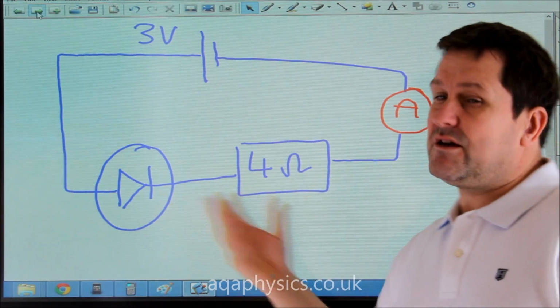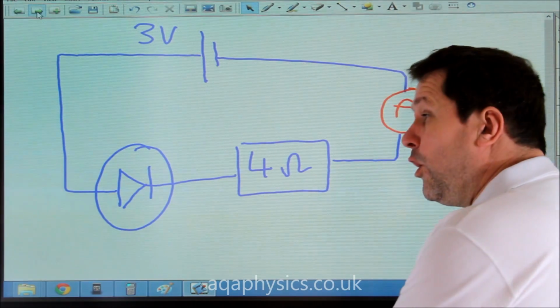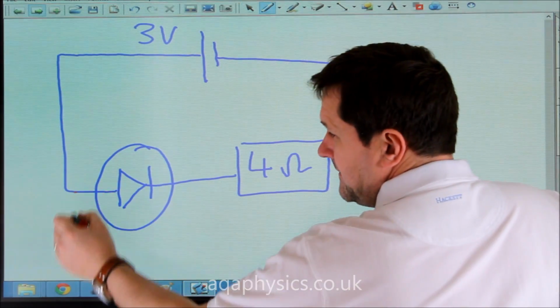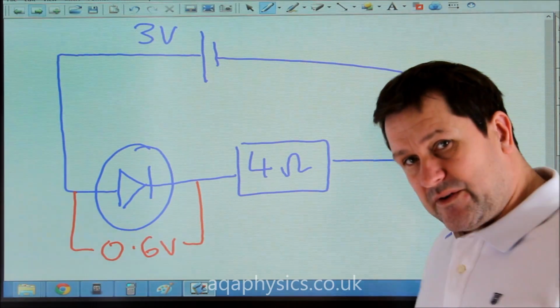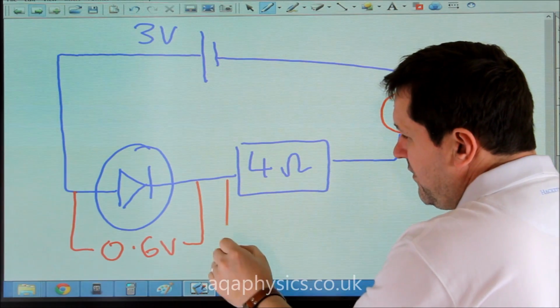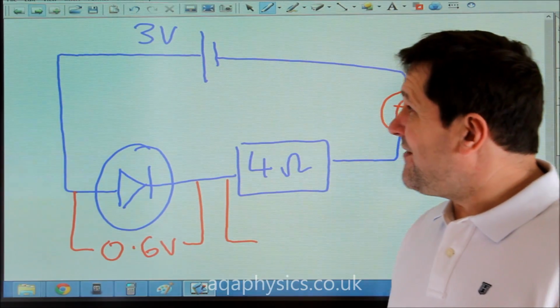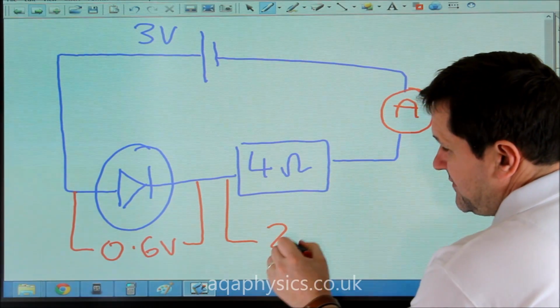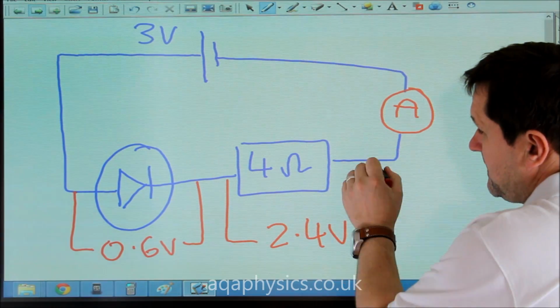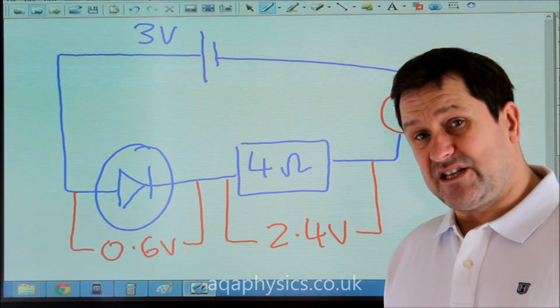Now what's going to be lost across our components? And it always will be 0.6 volts across our diode. Now across the 4 ohm resistor, all that is left is 3, take away 0.6, so we'll have 2.4 volts across our 4 ohm resistor.